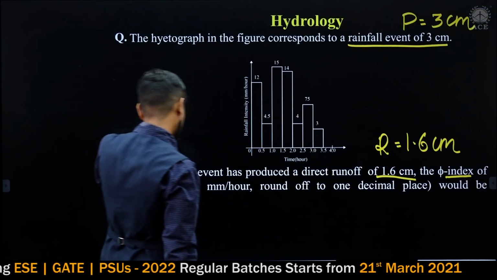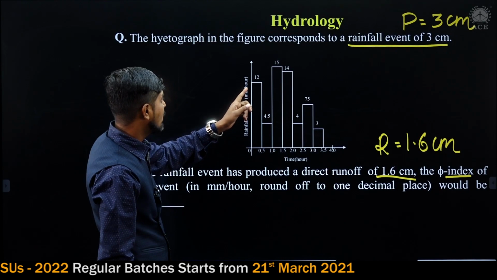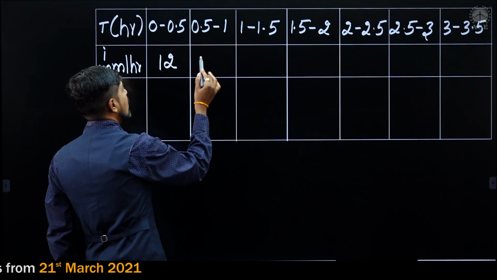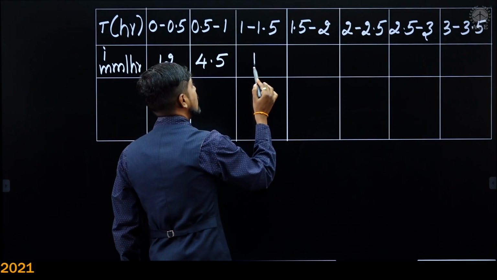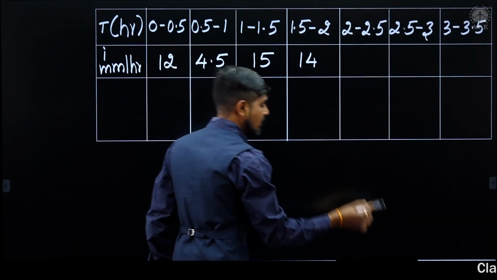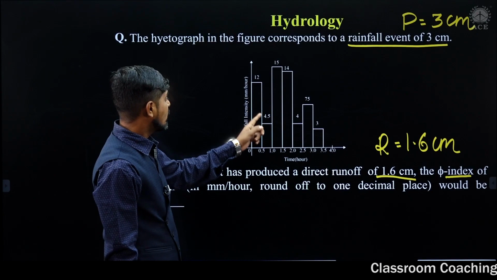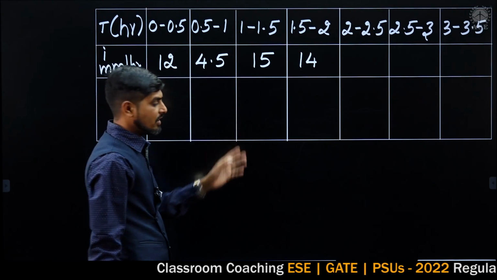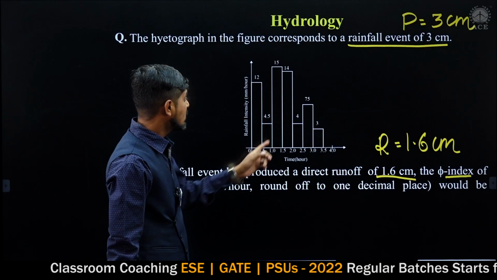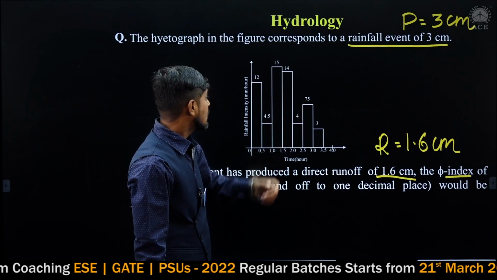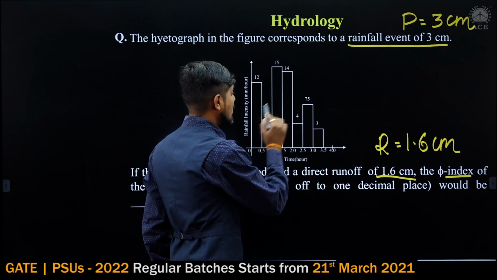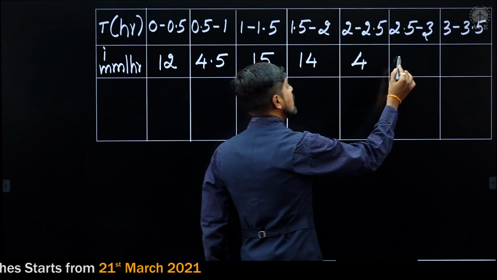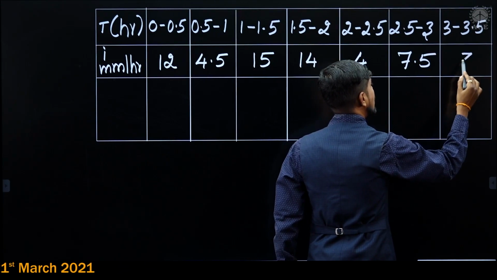What are the intensities given here? 12, 4.5, 15, 14, then the remaining values 4, 7.5, 3.